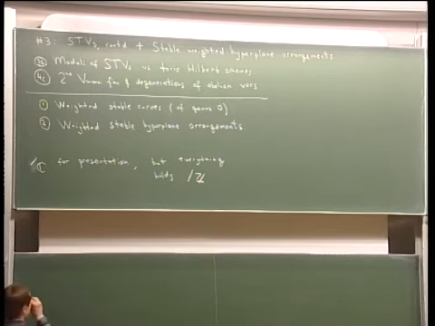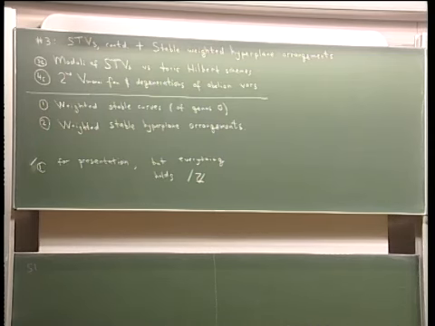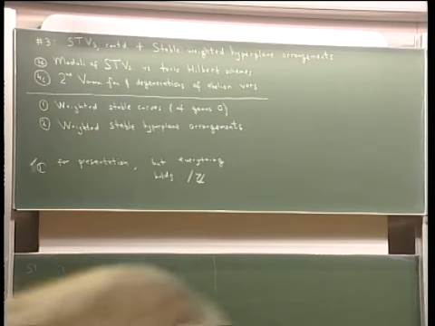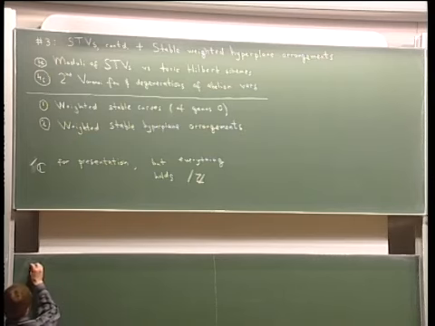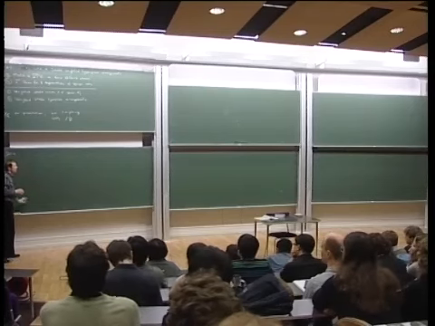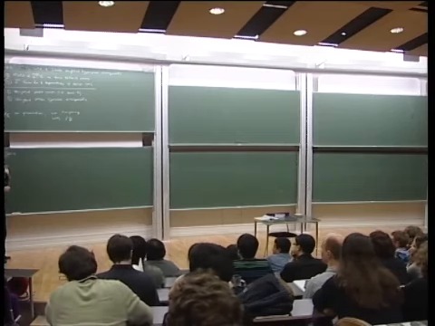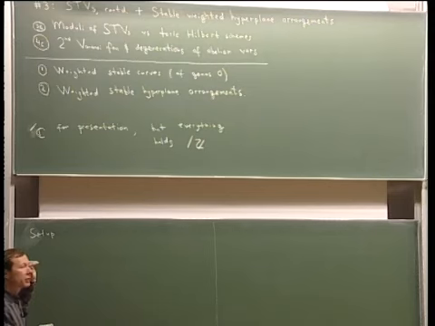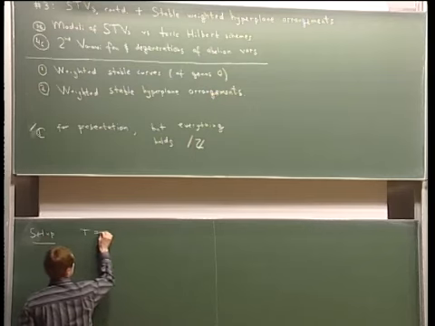So here's the setup. I will work over complex numbers so that I can explain better. But everything is over integers or a field of any characteristic, etc. So we will start with a torus.